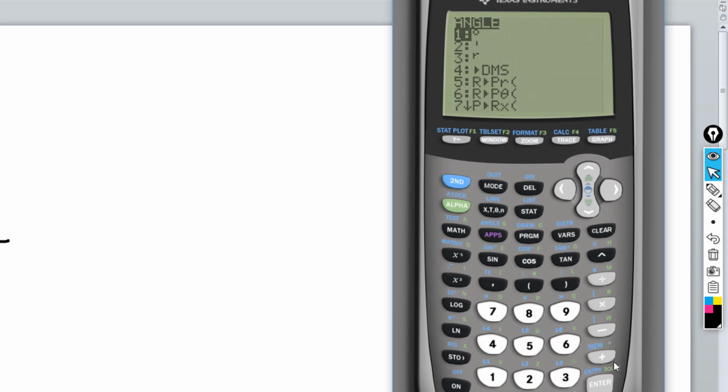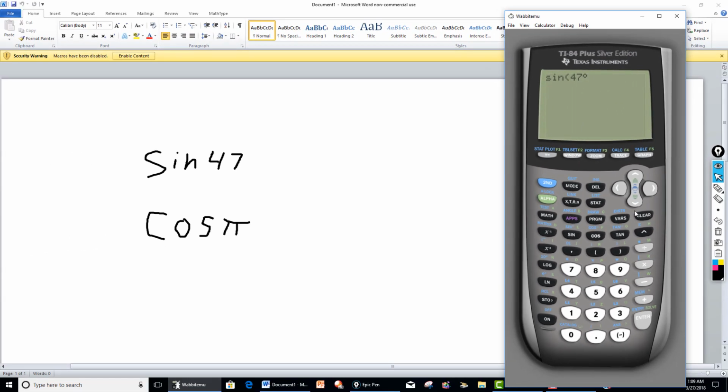So number 1, I enter. So if I put a degree there, even though the calculator is set to radians, it overrides that and it calculates it in terms of degrees. Okay, so that gives me 0.7314 to 4 places, and that is the correct answer.